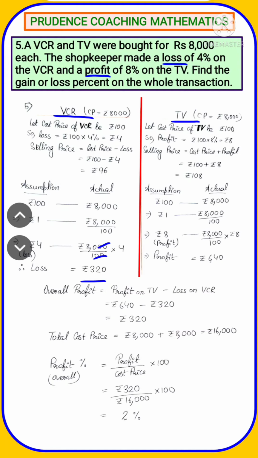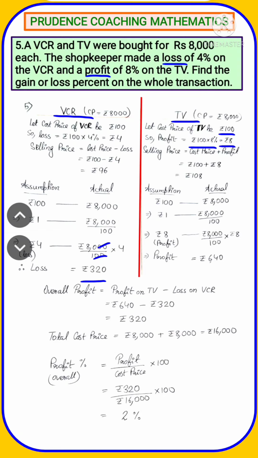Now let us start with TV. Here we will assume the cost price of TV as rupees 100, and as there is a profit of 8%, we will calculate the profit, 100 rupees into 8%, that is on the cost price. So you will get 100 into 8 by 100, 100 and 100 will be cancelled.